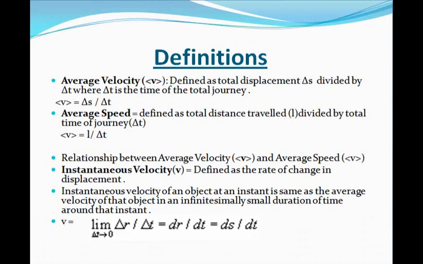Now let's see what is the relationship between average velocity and average speed. So suppose there are 2 points, point A and point B, and a particle takes this path to reach point B from point A. Let's denote this path by P1.